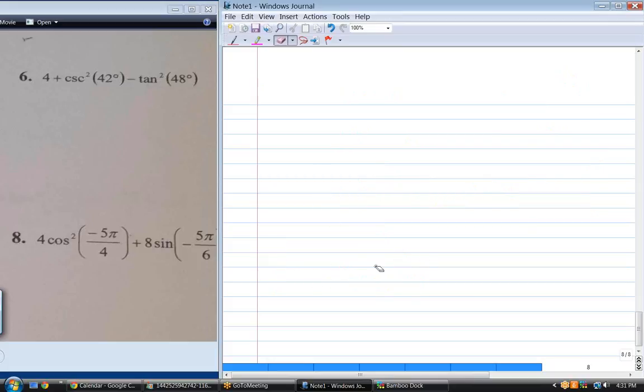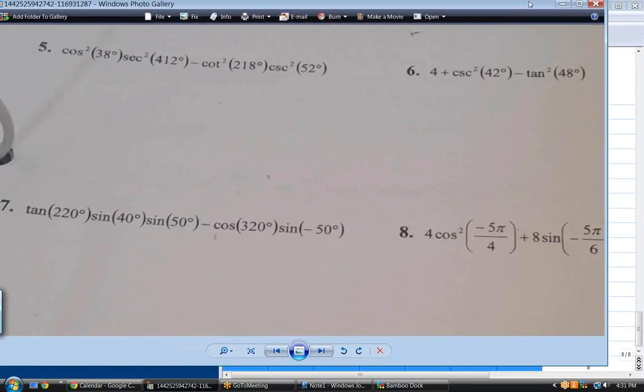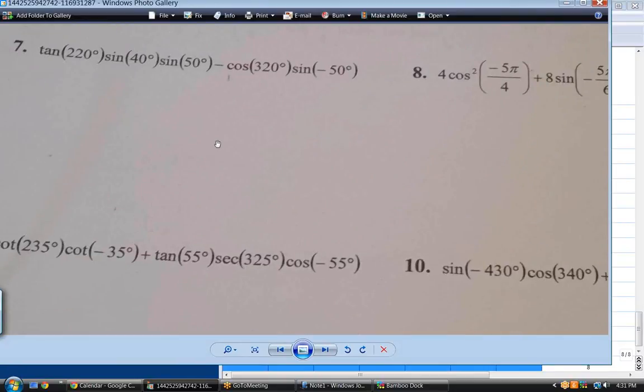Usually after you memorize these first 11 trig identities, the 6 reciprocal and the 2 quotient and the 3 Pythagorean, the next step in trig generally is to start verifying trig identities, and it almost looks like they've changed the curriculum a little bit. Yeah, they might have. This is the first year I've seen this new curriculum.